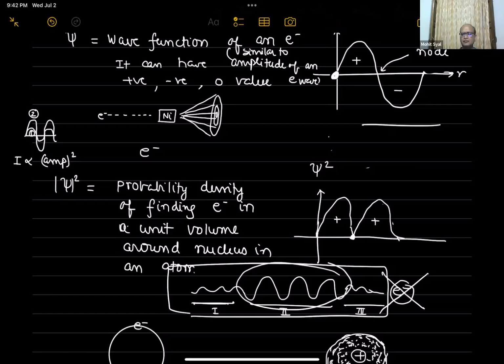But the sin x graph is very symmetrical. These graphs are actually like waves only, but not as symmetrical as that. These have complex equations. Is it clear? So let me show you the picture of the orbital. Just a second.